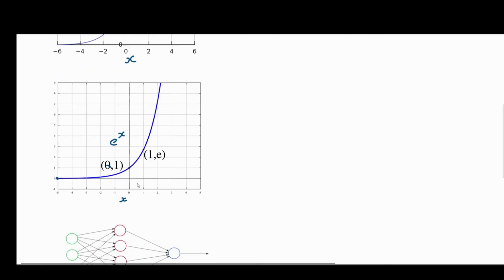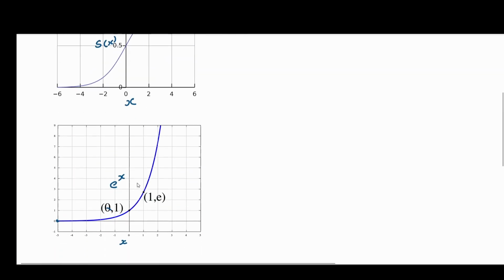So let's take the first case. When x is equal to infinity, the sigmoid function will become 1 divided by 1 plus e power minus x, which is equal to 1 divided by 1 plus e power minus infinity.